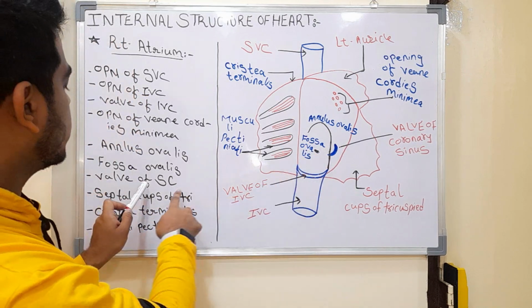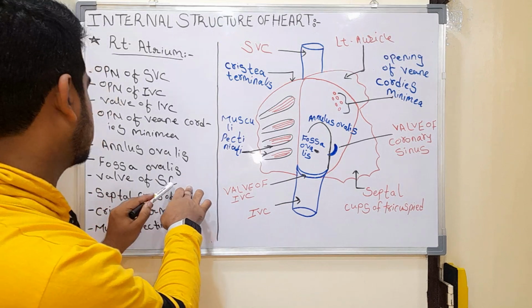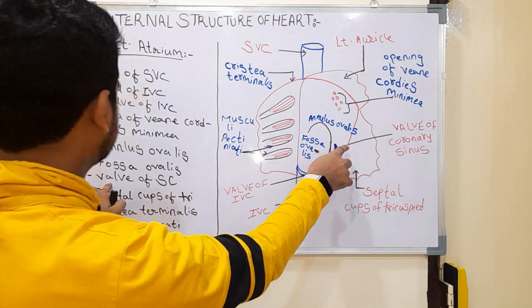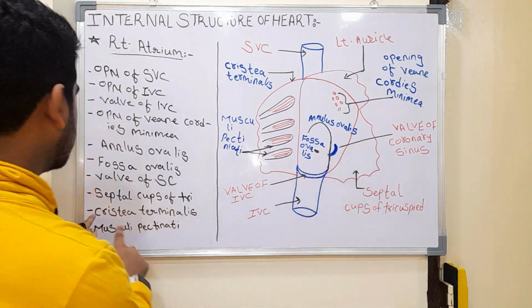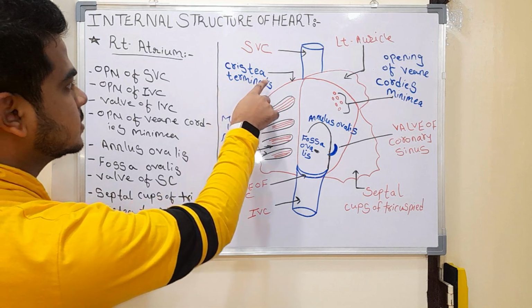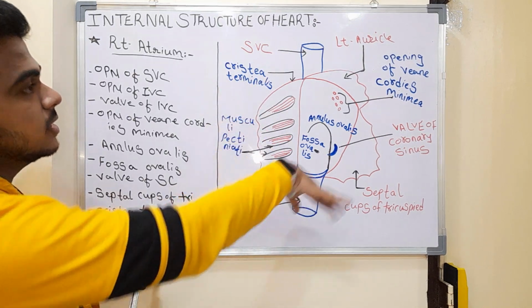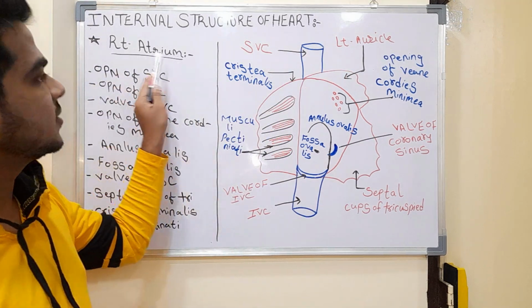Okay, valve of coronary sinus. Here there is not enough space, that's why I am writing the short form. That is the valve of coronary sinus, septal cusp of tricuspid valve. Okay, then crista terminalis and musculi pectinati. Okay, you must write these structures in the right atrium.